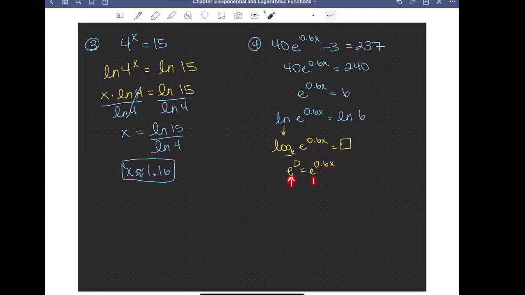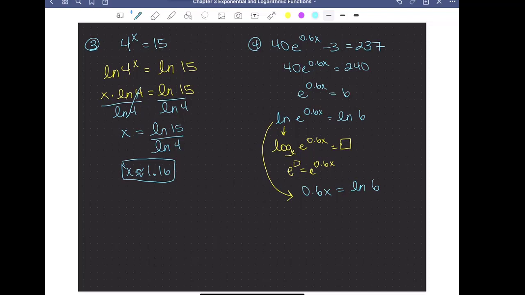Because my bases are exactly the same, and if my bases are the same, then I know my exponents are the same. So anytime you take a natural log of e, your answer is always just going to be whatever that exponent is. So when I take the natural log of e raised to the 0.6x, that's going to simplify down to 0.6x equals, and we still have our natural log of 6.